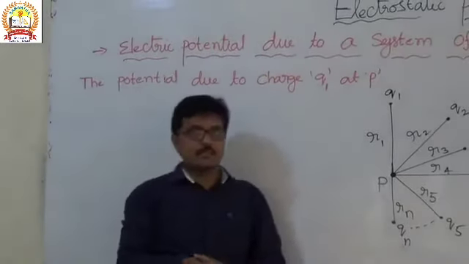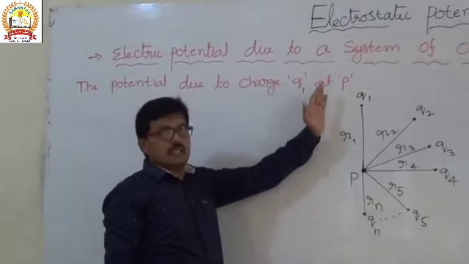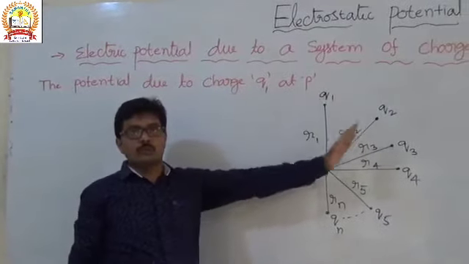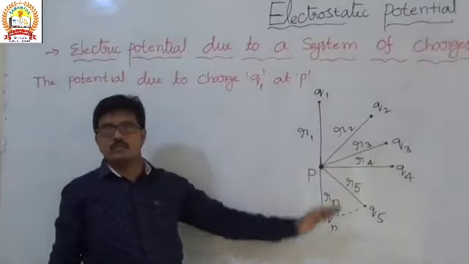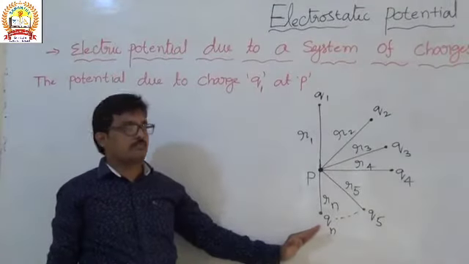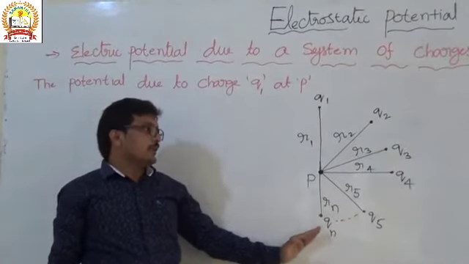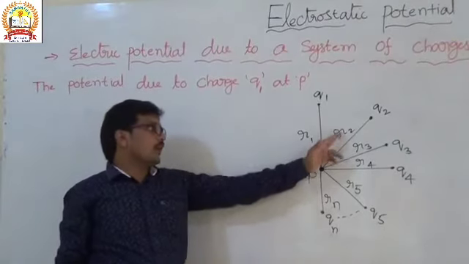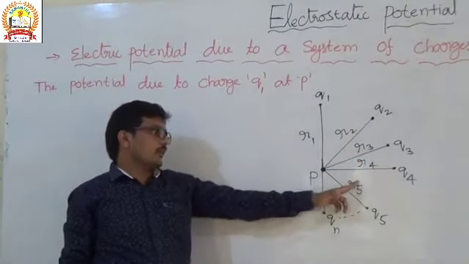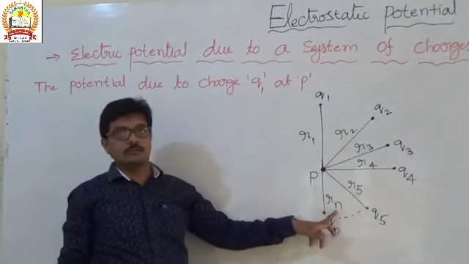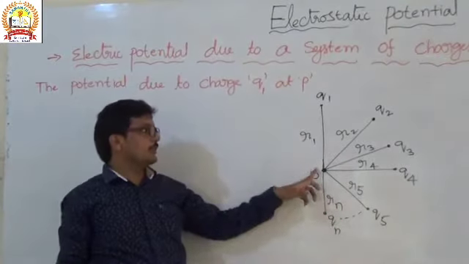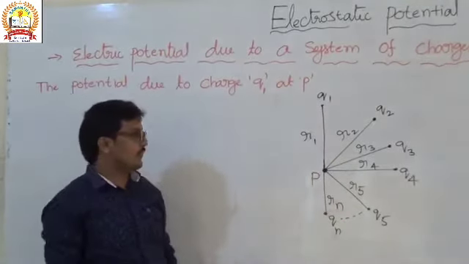Consider the charges Q1, Q2, Q3, Q4, Q5 and so on up to Qn. Let the distances from point P to the charges be R1, R2, R3, R4, R5 and so on up to Rn.